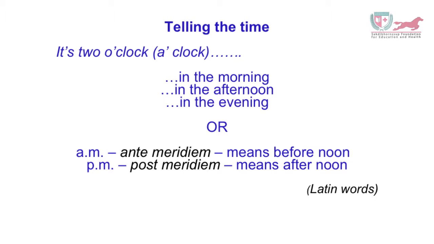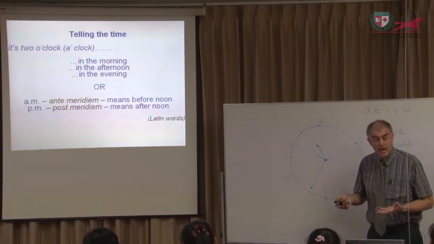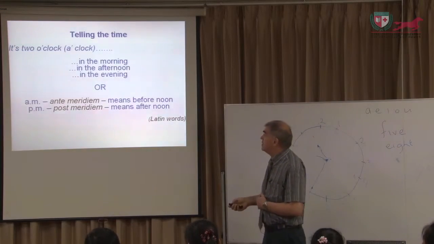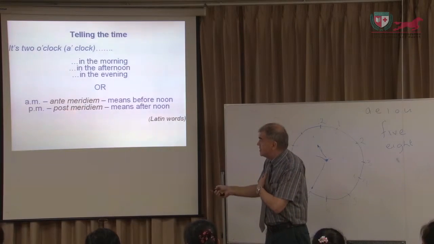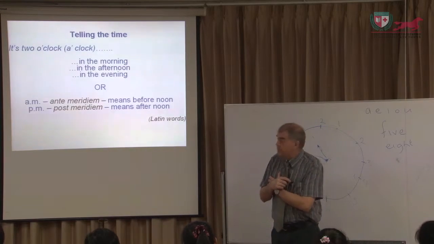Another way is using AM PM. But normally we don't say it's 2 o'clock AM. We say it's 2 AM or it's 2 PM. And AM, it's Latin, ante-meridiem or post-meridiem.